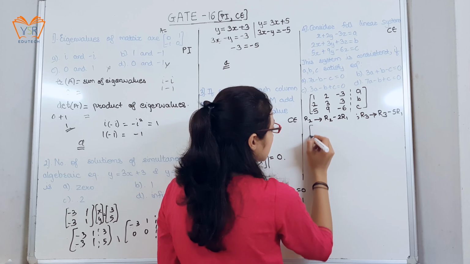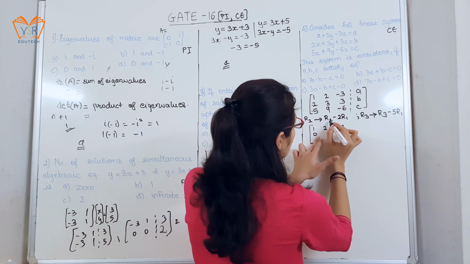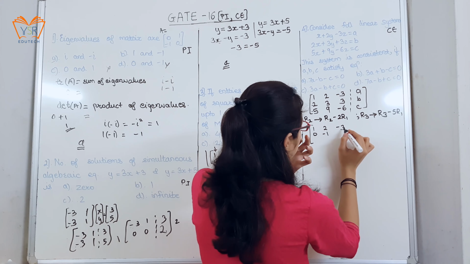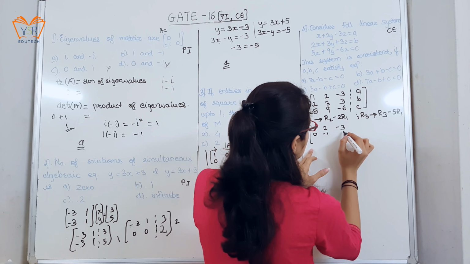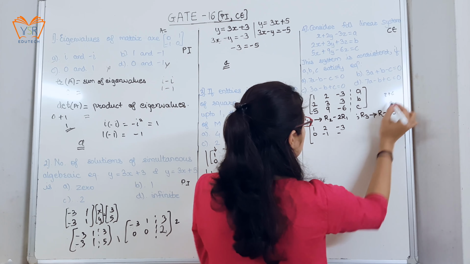So the resulting matrix is 0, 3 minus 4, minus 1, 3, it is 9.